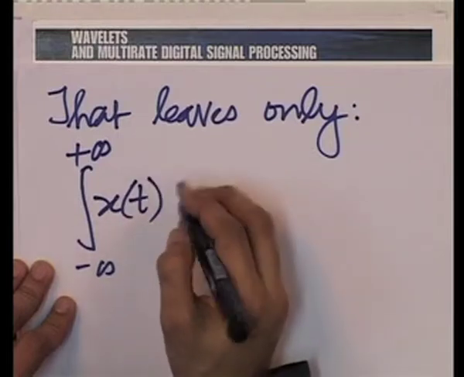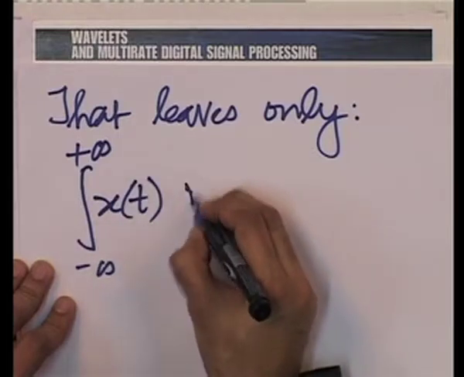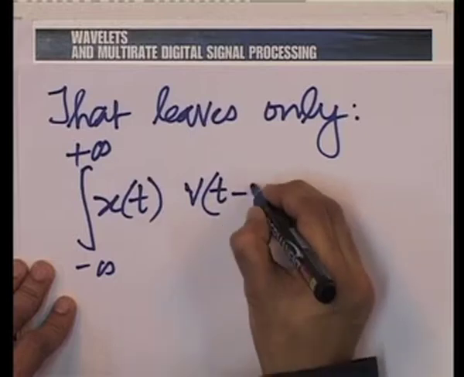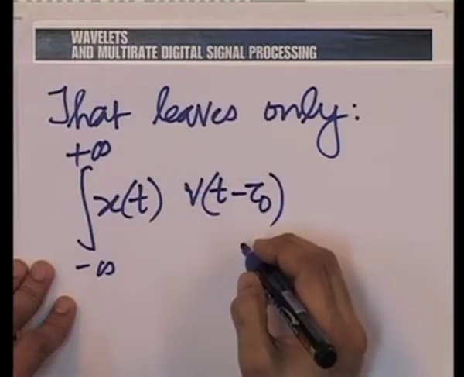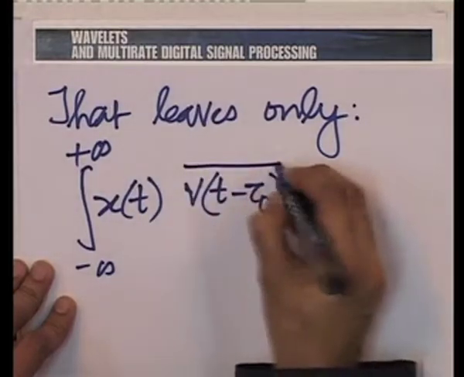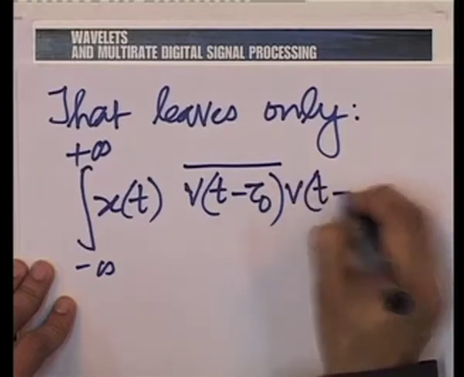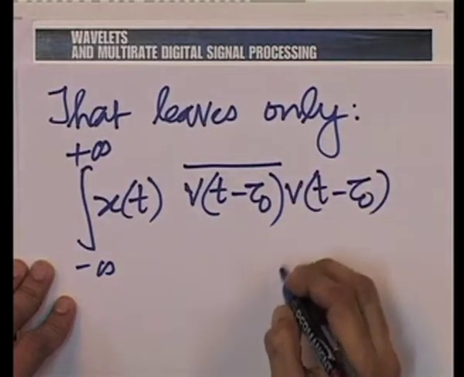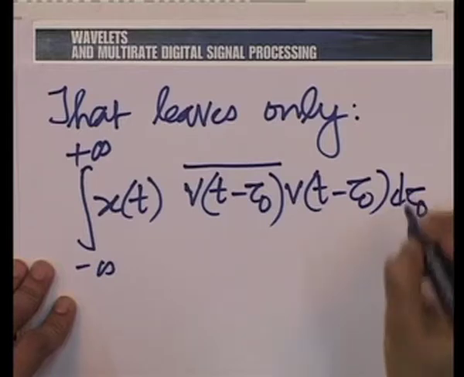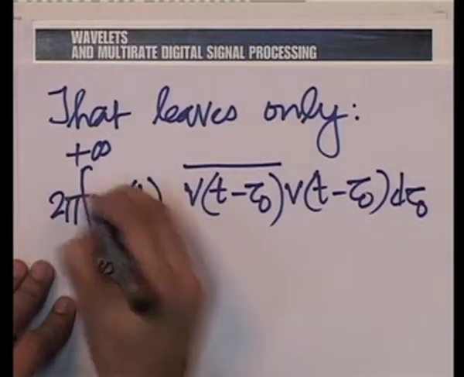X t times v t minus tau naught times v bar t minus tau naught d tau naught with a factor of 2 pi.